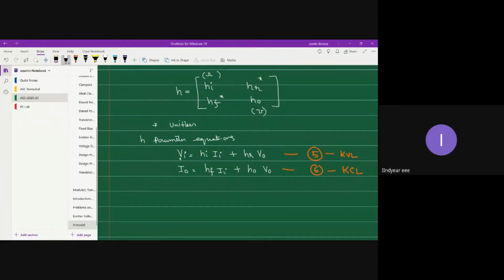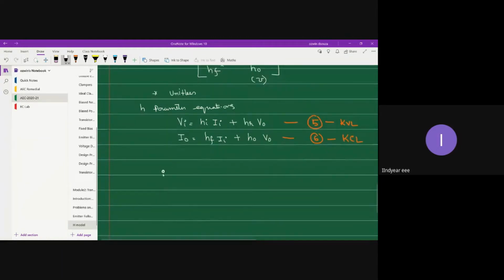So Vi is the source, right? So what we will do, we will take Vi on the left hand side, plus minus. Vi is the cause basically, and these two are the sum of effects.